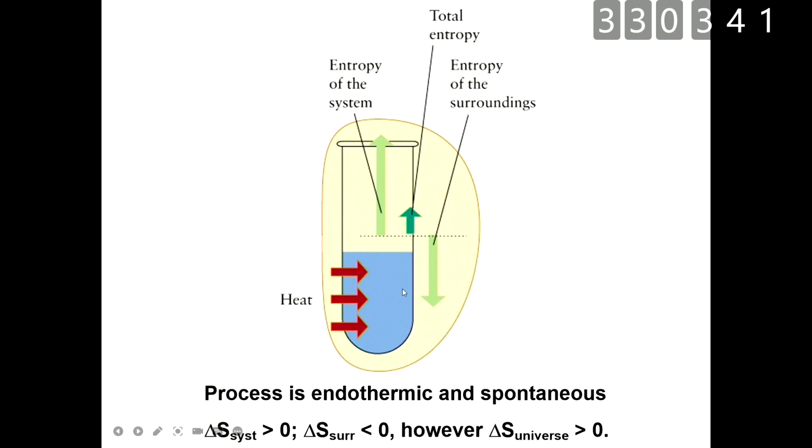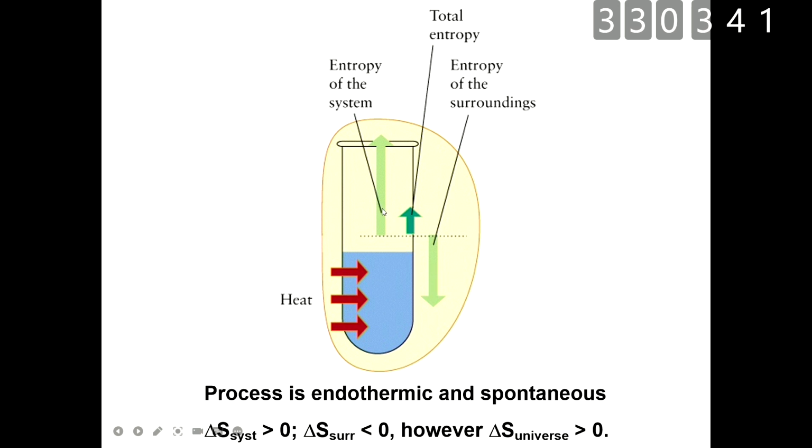Okay, in this case, this means the system gets heat from the surroundings. So the surroundings provide heat to the system, and the temperature of the surroundings will decrease, so its entropy change is negative.